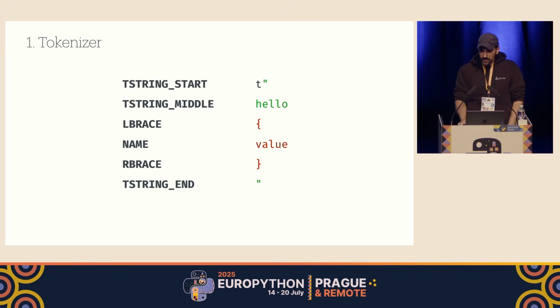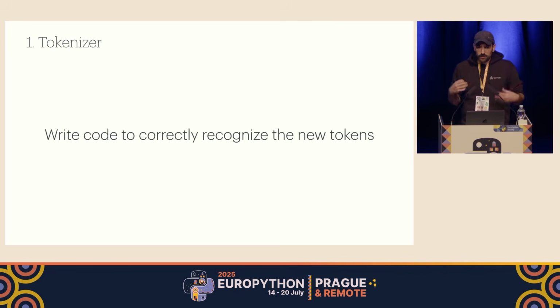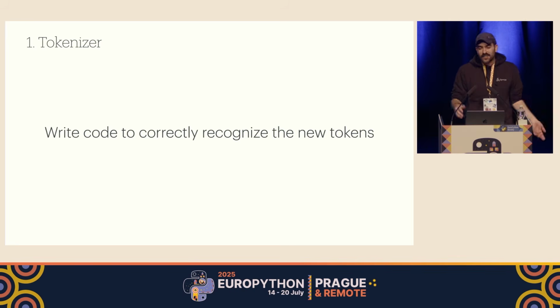The changes that we need to make to the tokenizer are basically to write code to correctly recognize the new tokens. This is a fairly complicated piece of code that's been there for basically ever. It's generally easier said than done.